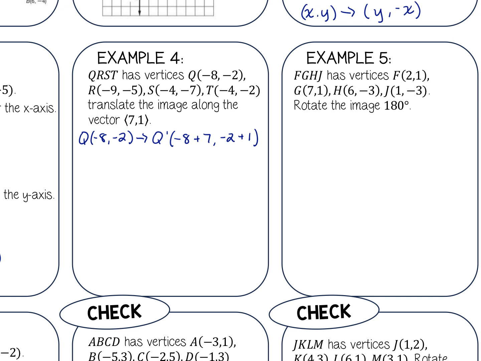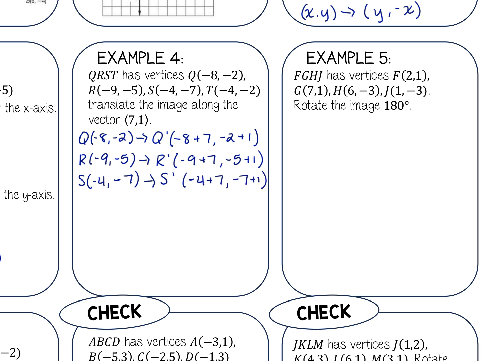All right, so R is -9, -5. R prime would be -9 + 7, -5 + 1. S is -4, -7, so S prime is -4 + 7 and -7 + 1. And lastly, T starts as -4, -2, so T prime is -4 + 7 and -2 + 1.